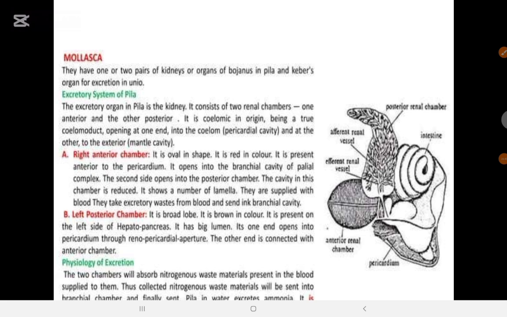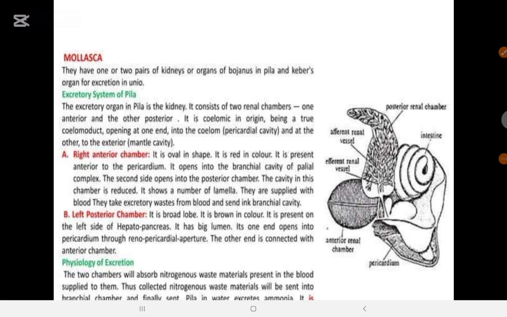Now the excretory organ in Pila is the kidney, basically kidney or nephridium. In some textbooks you might see nephridia. It's still nephridia, but it's not exact. The kidney is not advanced, so that's why some authors call it nephridia, but here we call it the kidney.